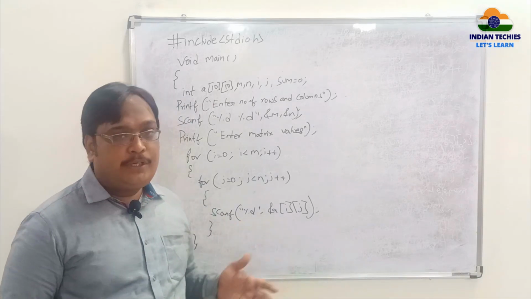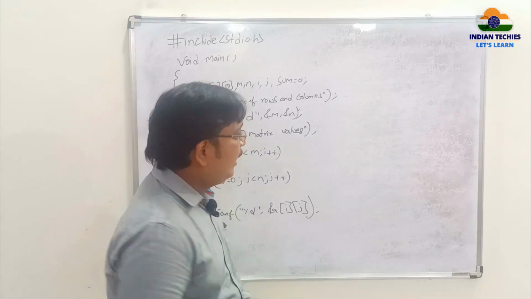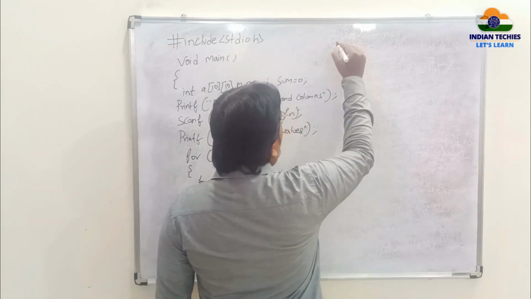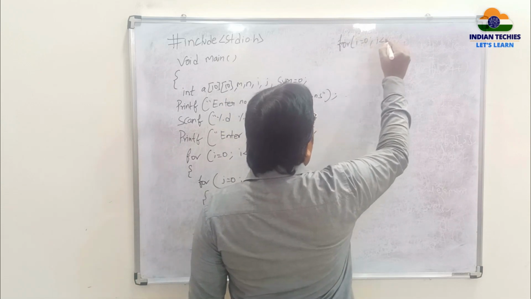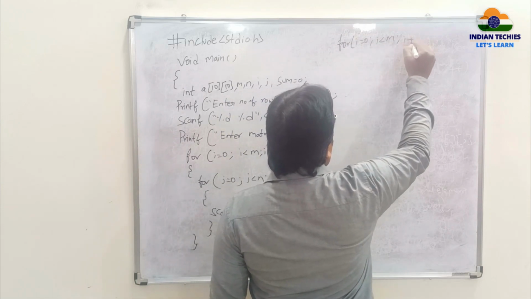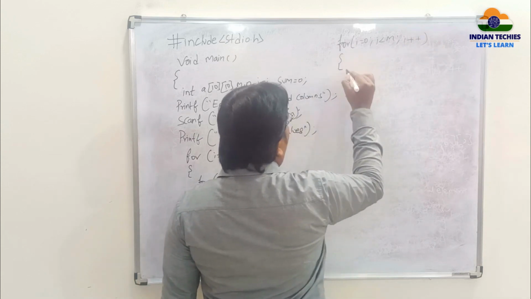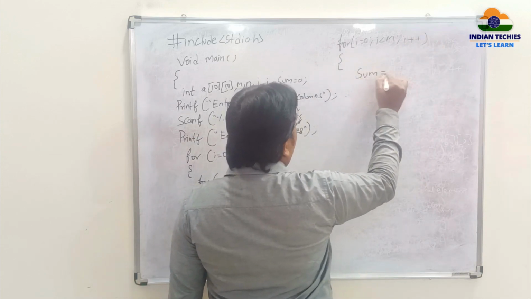So once input has been done, now we will go for the calculation. That is, for i equal to 0, i less than m, i plus plus. Every time I have to make sum as 0.